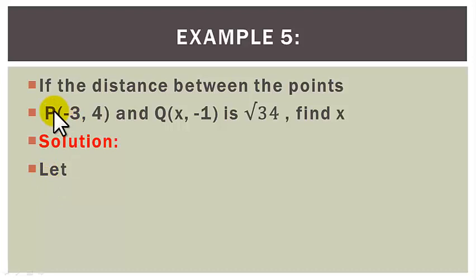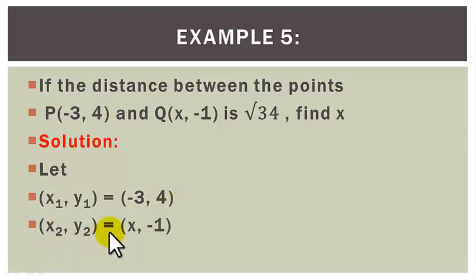Let P be our first point and Q be our second point. That is, we let x1, y1 equal to (minus 3, 4) and x2, y2 equal to (x, minus 1).